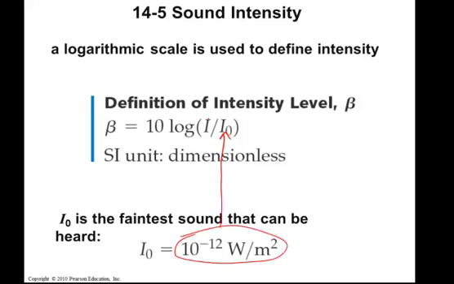I would be the intensity now compared to the threshold of hearing, the lowest sound that we can hear, the faintest sound. Then we do the log of that ratio and take it times 10, and that's going to tell us our decibel reading. And usually when we talk about intensities of sound, instead of measuring it in watts per meter squared, we talk about relative intensities, meaning compared to the faintest sound that we can hear, and those are in decibels.